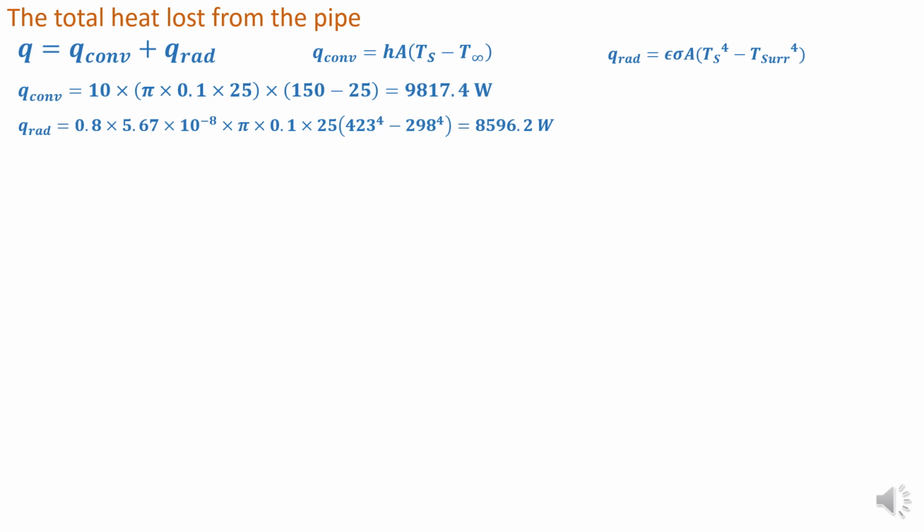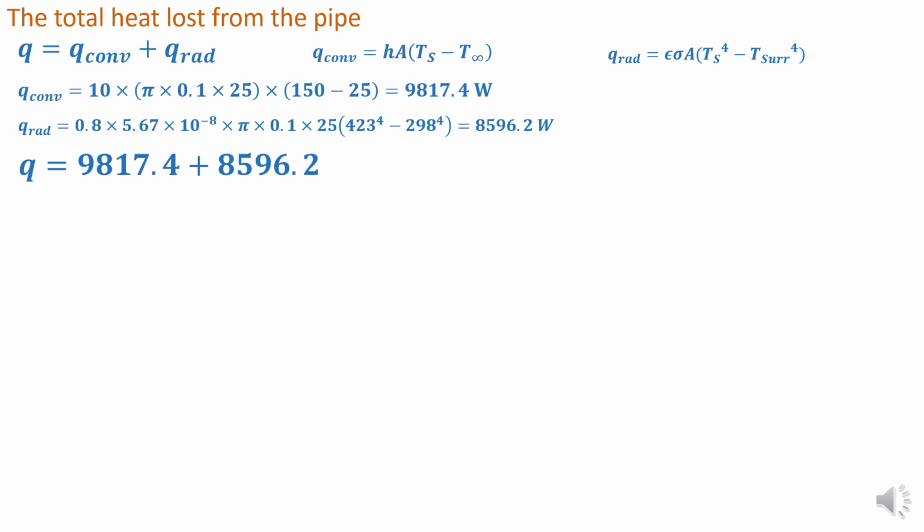But for convection, if you put the temperature in Kelvin scale, you will find that the same answer is obtained, which is 9817.4 watts. But for radiative heat loss, this value will not be obtained if you use temperature in degree centigrade.